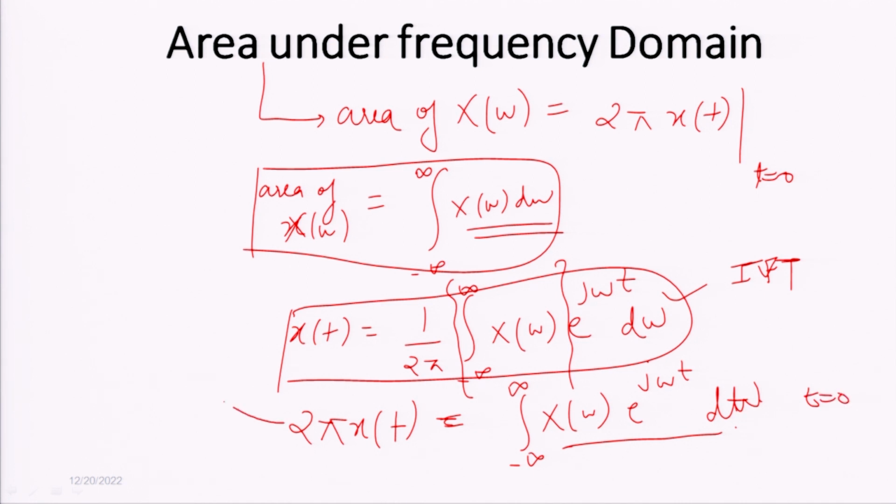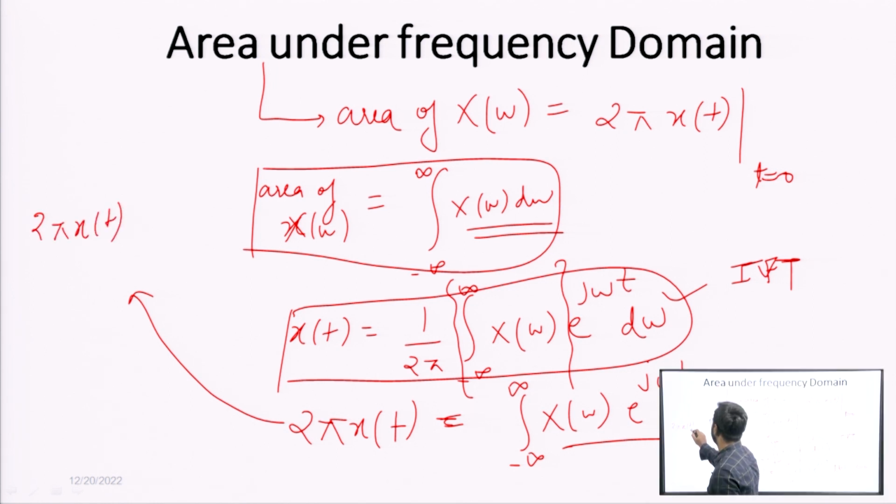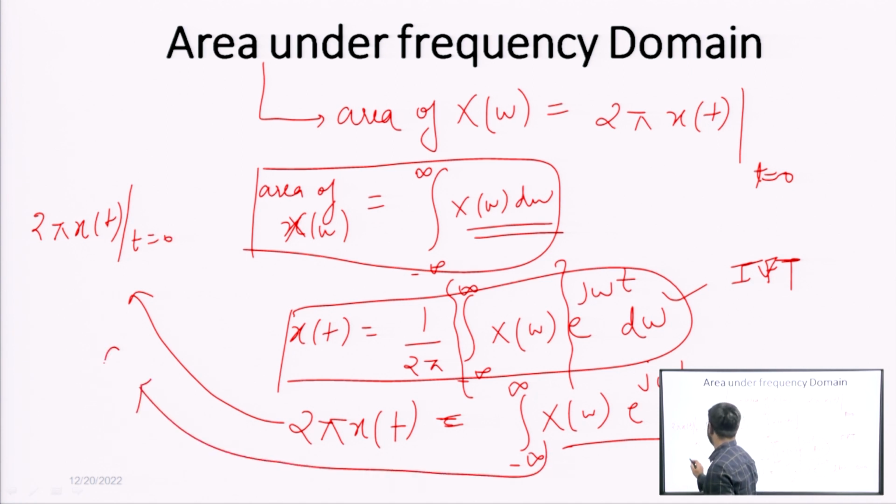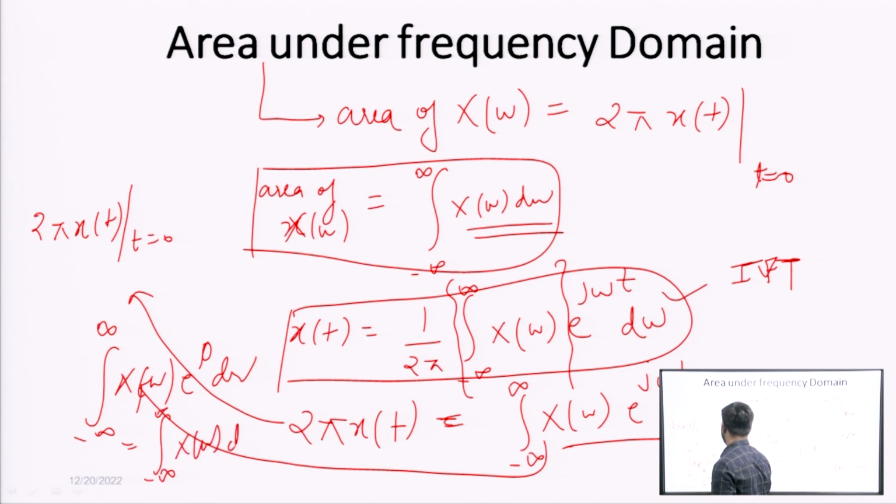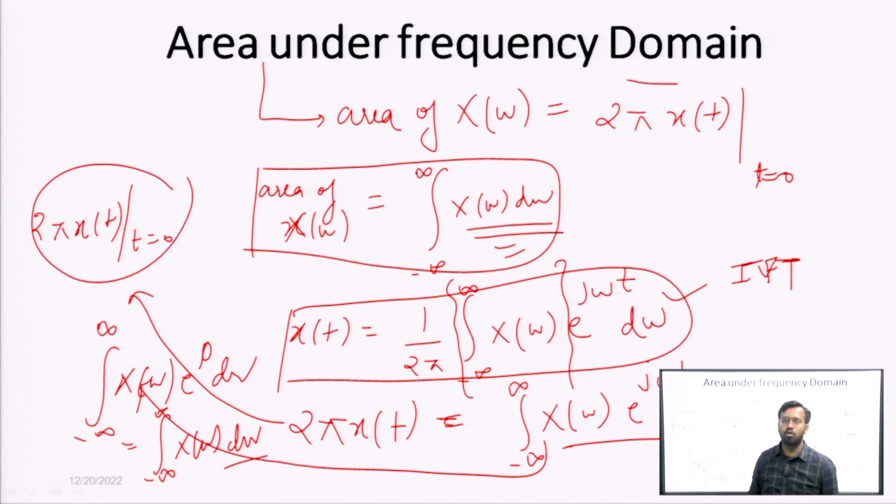When we keep t equal to 0, we get 2 pi x(0), and the function reduces to the integration from minus infinity to infinity of X(omega) e to the power 0 d omega, that is the integral of X(omega) d omega. So, this is what we are requiring. What we got is that the area under the frequency domain is 2 pi times the value of the function in the time domain at t equal to 0.